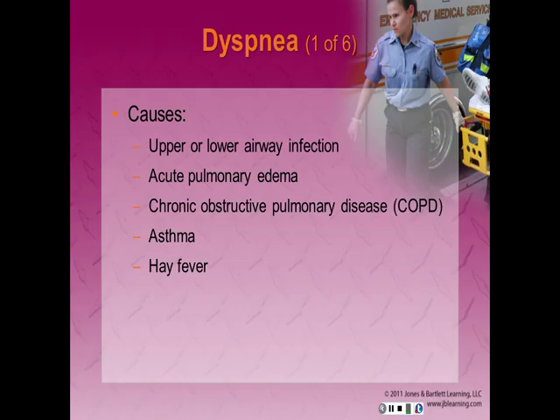Causes of dyspnea. Dyspnea can be caused by many medical problems. If the brain is deprived of oxygen, a patient may not be alert enough to complain. Altered mental status is more commonly a sign of hypoxia of the brain.